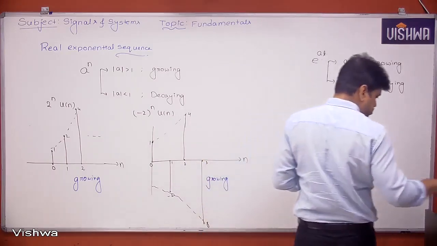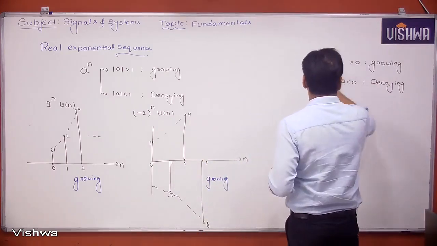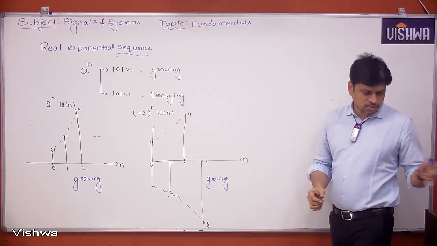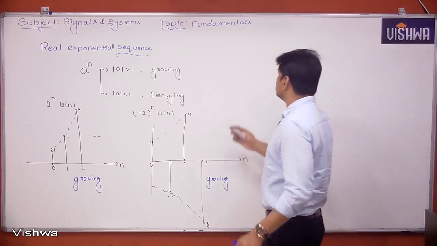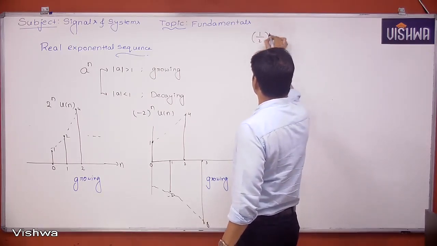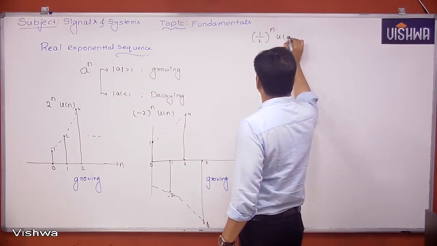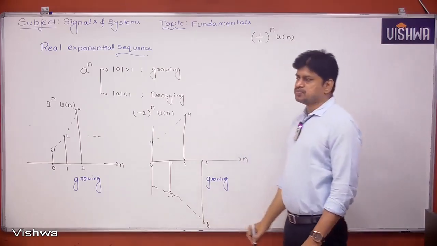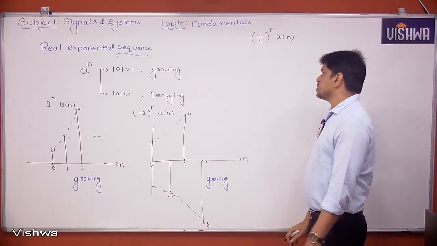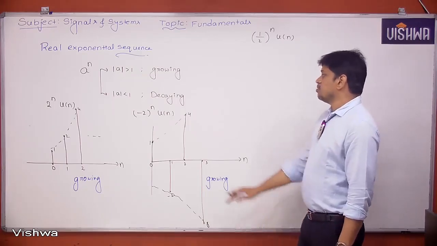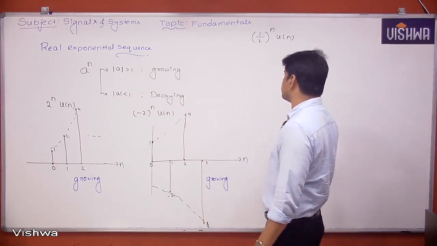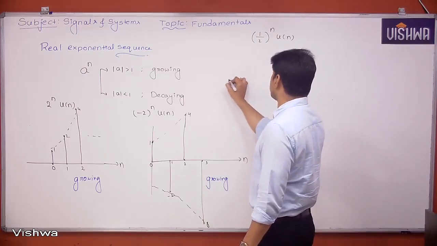Next. If I take 1 by 2 whole power n u of n, what is the a value here? 1 by 2. The modulus is again 1 by 2. Then from the definition it has to be a decaying exponential. Let's check whether it is.